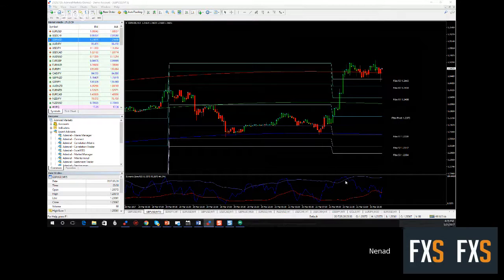Also blue, red. You can change the colors to whatever you like. It's not important. The most important thing is how to trade with the system. And as I say, everything is customizable. If you want to get the system, just send me an email, and of course, I will send you the indicators and the template.